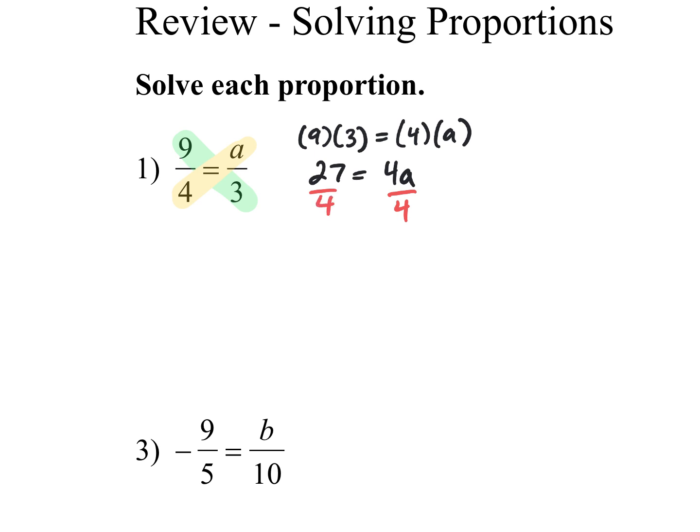If it comes to a stop, then that's what you want to do here. But basically we have 27 divided by 4, which gets you 6.75. So that is what A is equal to.